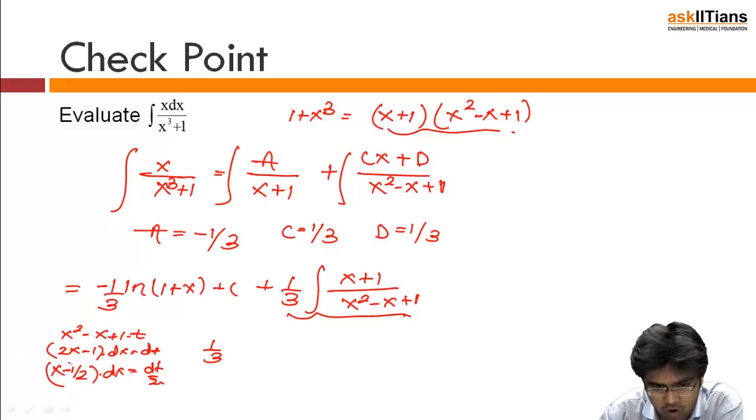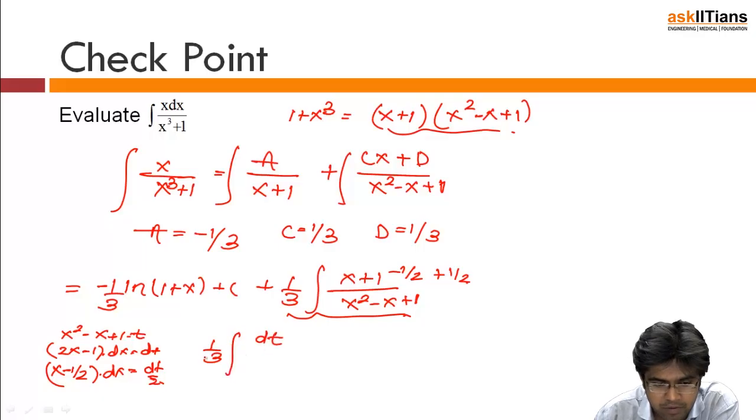So how I'm going to form it is, there is x minus 1 by 2, so I add minus 1 by 2 and I subtract minus 1 by 2. Now I can substitute. So (x minus 1 by 2) dx will become dt by 2, so 1 upon 2 multiplied, and then this is actually t, because I placed the t.